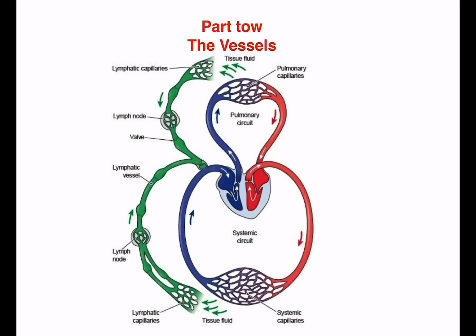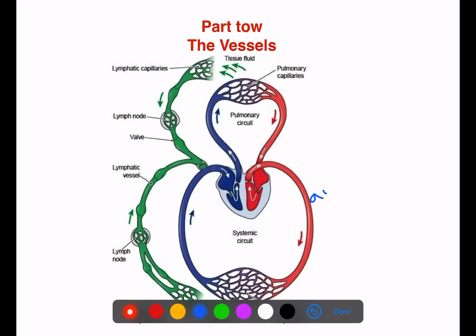As we know, the vessels in the body may be classified into 3 types: artery, vein, and also lymphatic. These types of vessels differ from each other by their anatomical and histological structure.